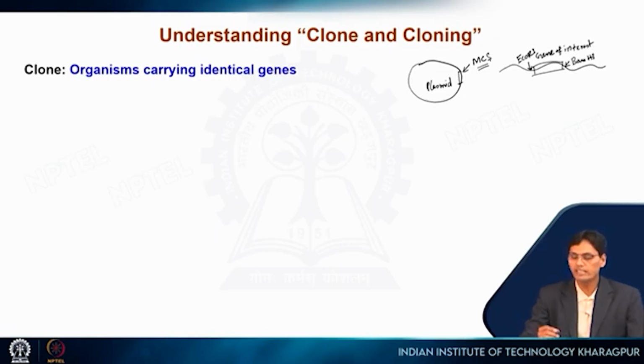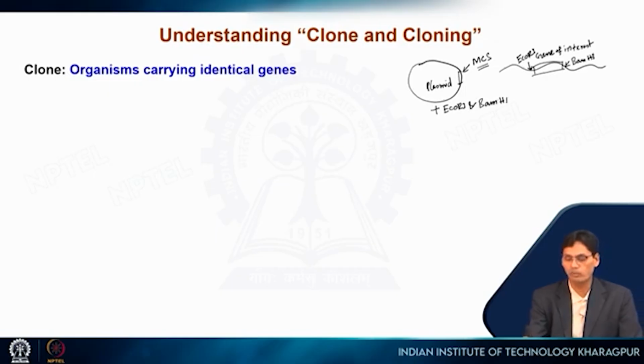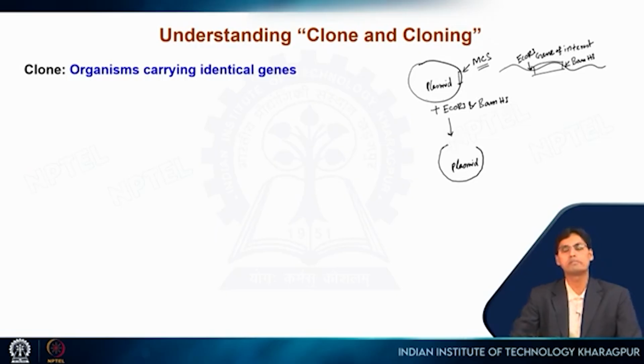As a result, you can digest this plasmid with the same set of enzymes, EcoRI and BamHI, and your plasmid will be in a linearized form. So you might get something like this structure. This is now your plasmid after digestion with EcoRI and BamHI.